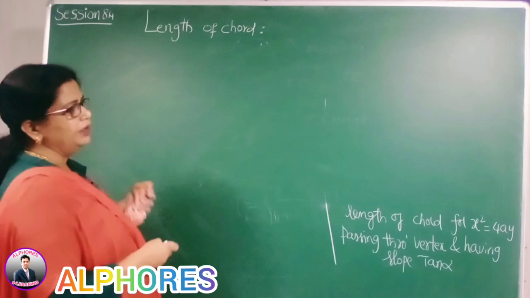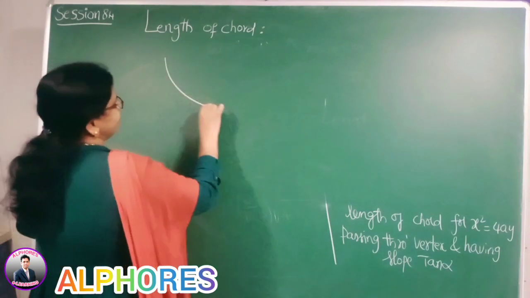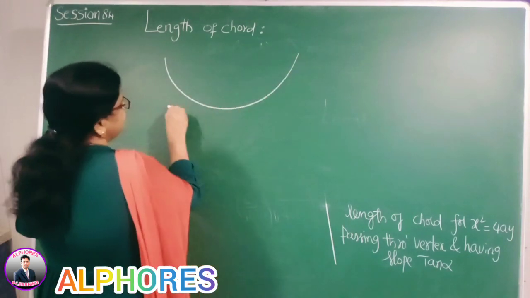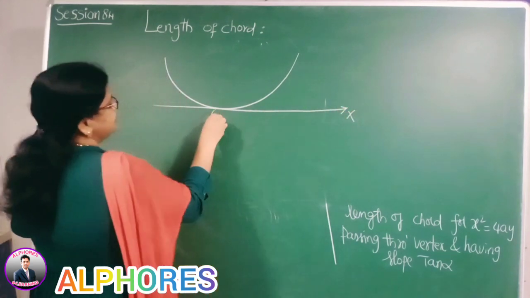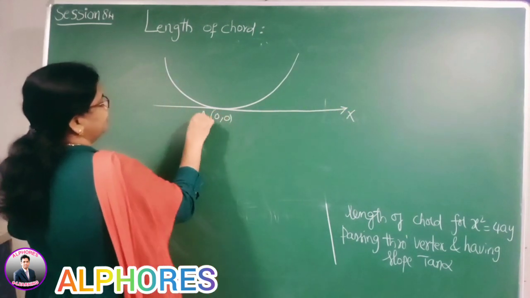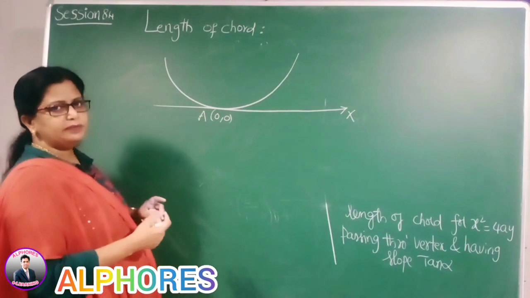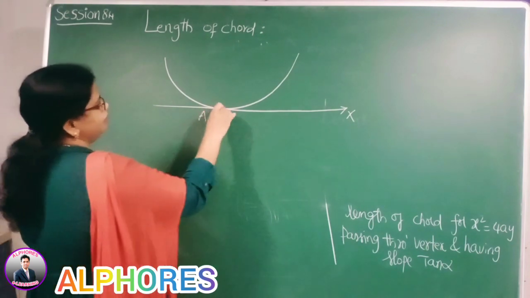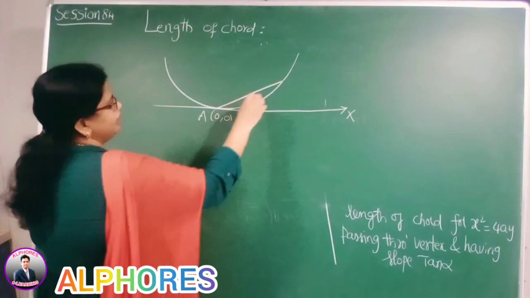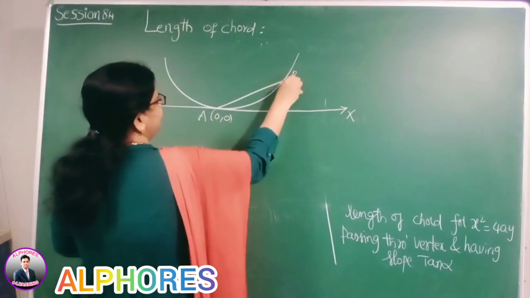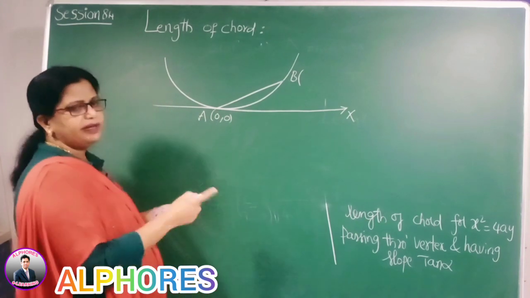Tan alpha. Okay, so now if this is our parabola, students, x square is 4ay, and this is our x axis, and this is the origin. And they said here the chord is passing through the vertex. That means if this is the chord, it is passing through the vertex. And now let us take this point B again here, and in this one x square is 4ay.